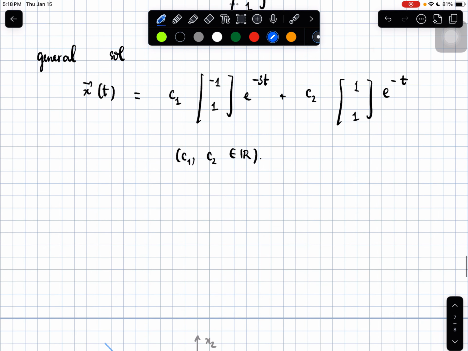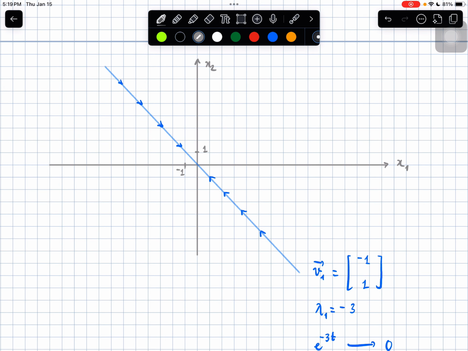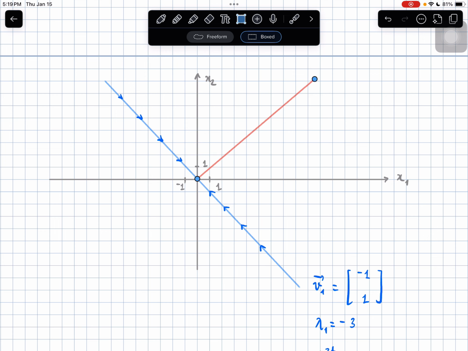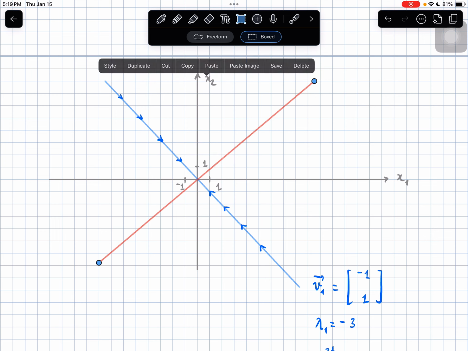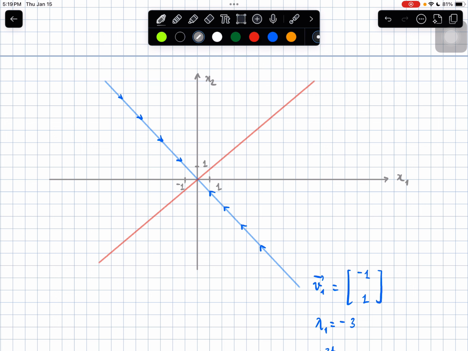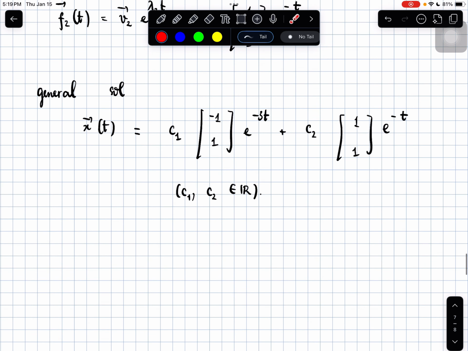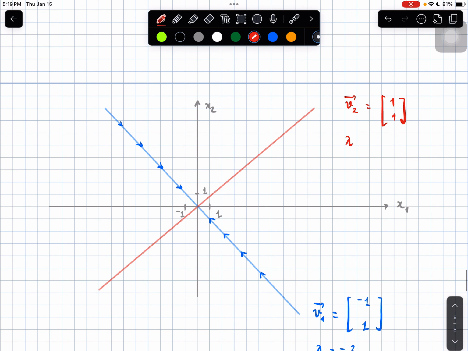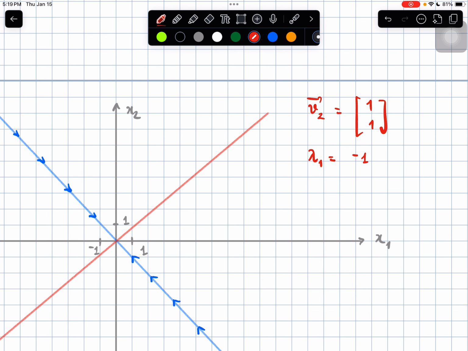The second eigenvector is 1, 1. We extend that, we get the eigenspace of v2, 1, 1, corresponding to the eigenvalue lambda 2 equals minus 1. e^(minus t) tends to 0 when t tends to infinity.